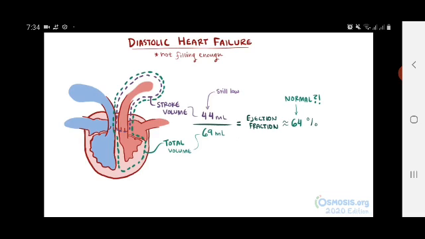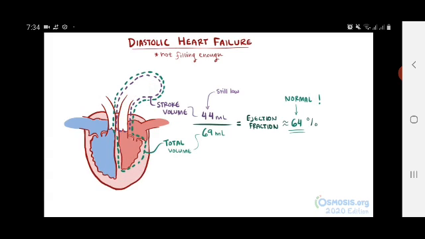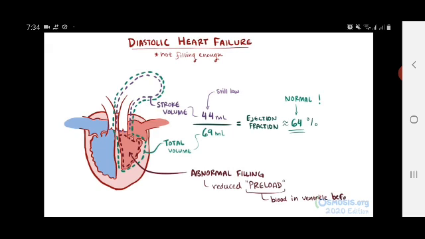Even though both are low, 44 milliliters divided by 69 milliliters is still 64%. In this situation, the failure is caused by abnormal filling of the ventricle so that the chamber doesn't get fully loaded or stretched out in the first place. Another term for this is having a reduced preload, which is the volume of blood that's in the ventricle right before the ventricular muscle contracts.